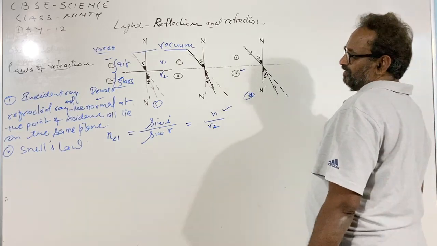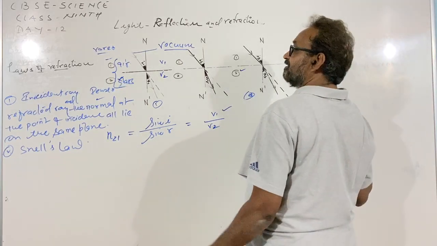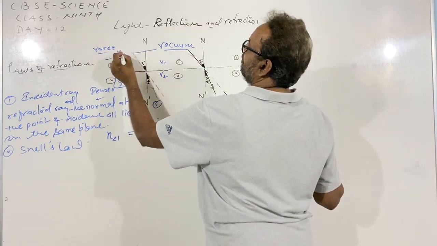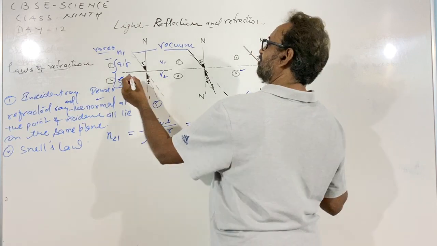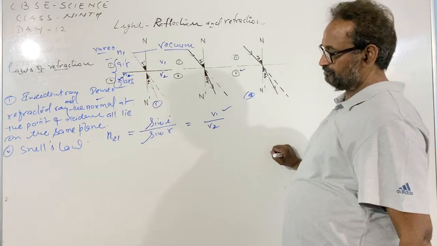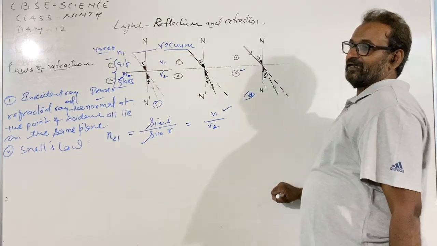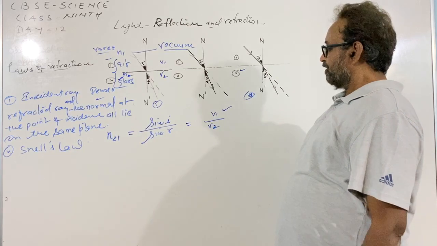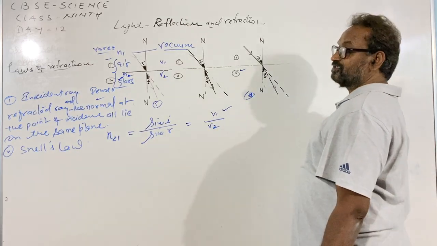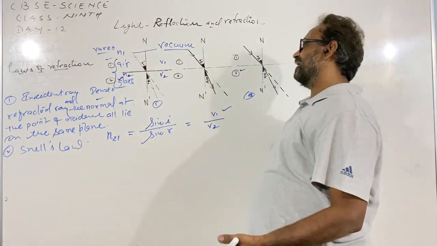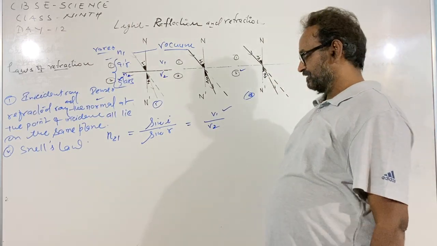Now, consider that the absolute refractive index of the first medium be n1, absolute refractive index of the second medium be n2. Now there is an interesting relation between the velocity of the light in the vacuum to the velocity of the light in the medium.